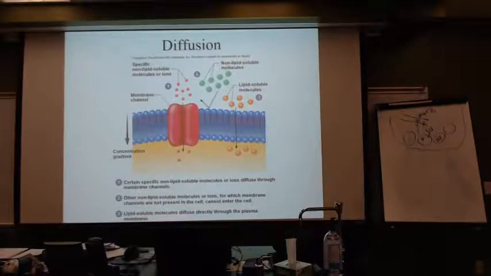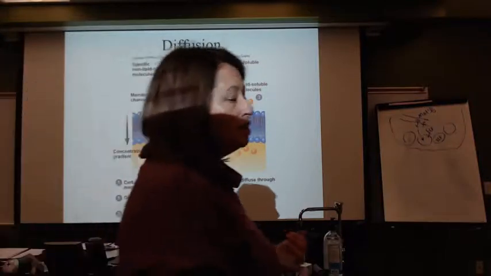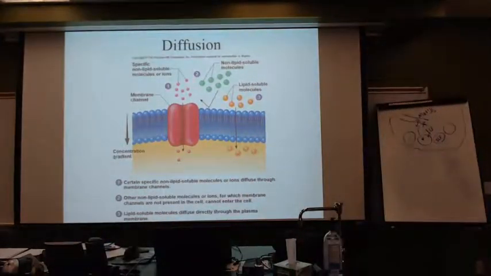So diffusion, movement of molecules across the plasma membrane. The ones we just mentioned, oxygen, carbon dioxide, they simply moved across the membrane itself, the phospholipids. That one was termed simple.